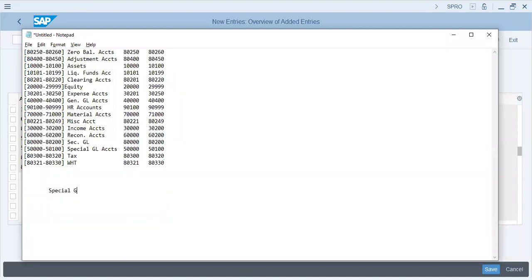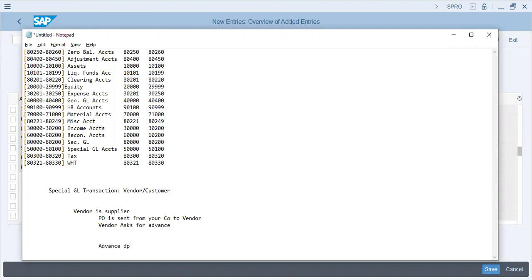Special GL is a transaction for vendor or customer. Vendor is a supplier. PO is sent from your company to vendor. Vendor asks for advance.